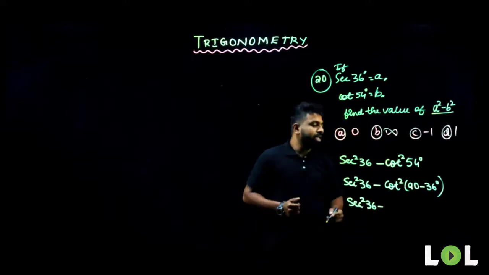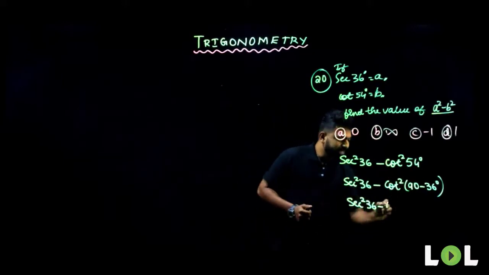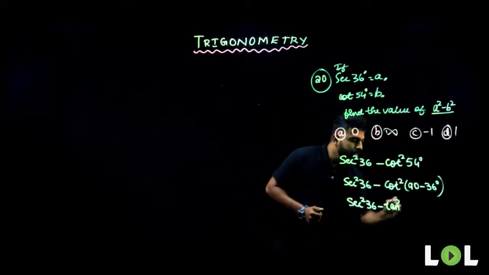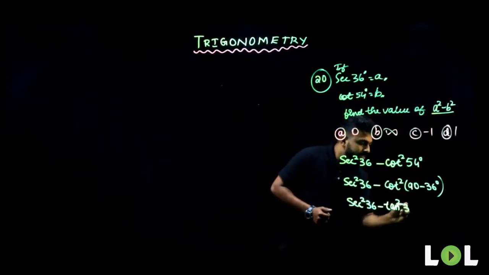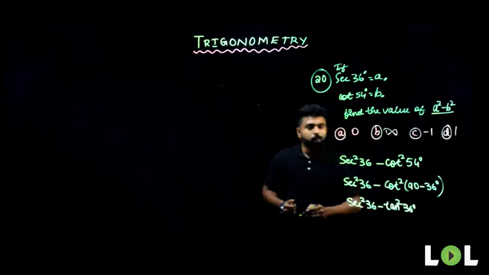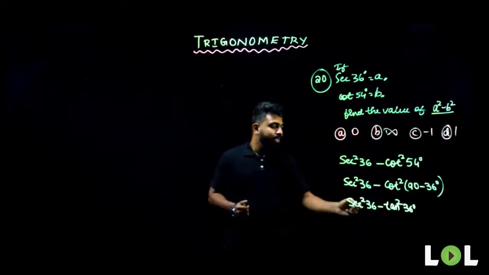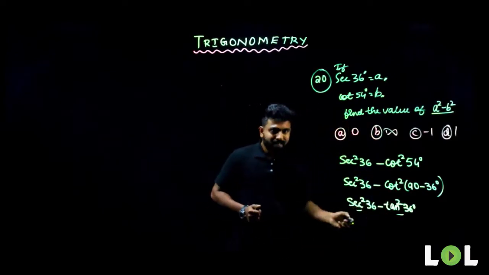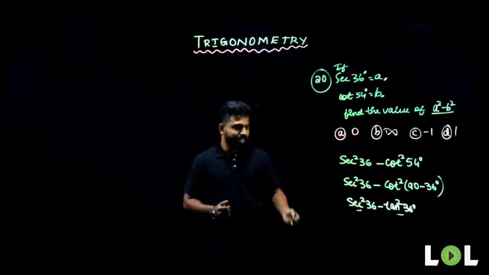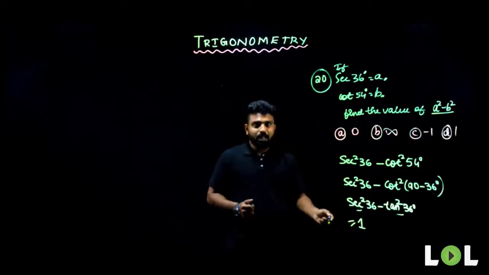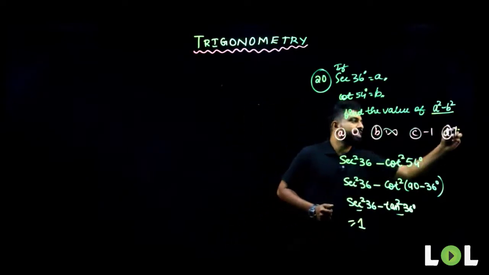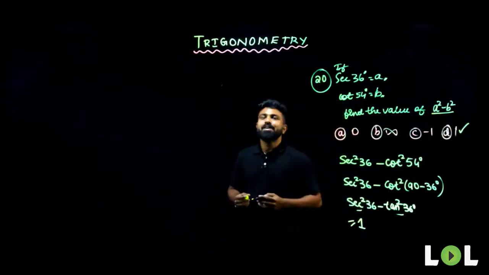Secant square 36 minus cot square of 90 minus 36 is nothing but tan square 36 degrees. So now, what do we have for the value of secant square theta minus tan square theta? It is nothing but 1. So do we have that in our options? Yes. Option D, 1 will be my final answer.